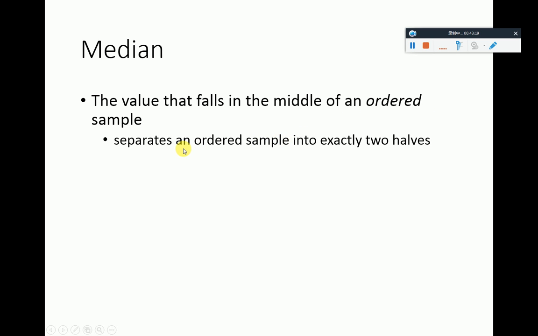Later on we'll see what it means. If the median is right at the center or middle of a sample, then it will divide the sample into exactly 2 halves, right? So we have a sample of values, and the median is always here. This is the median. So we have 2 halves, exactly. This is 50%, this is another 50%.